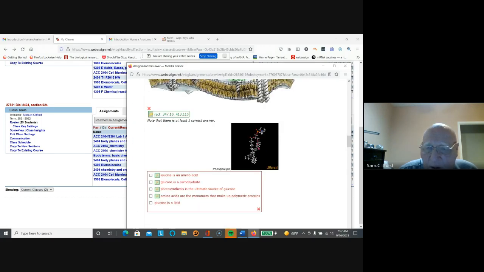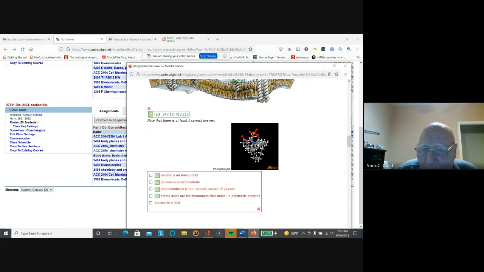Let's make sure we know that this is a phospholipid. Make it a little bigger. So this is the phosphate group. This is phosphorus right here. Okay. These are the oxygens that surround the phosphate group right here.